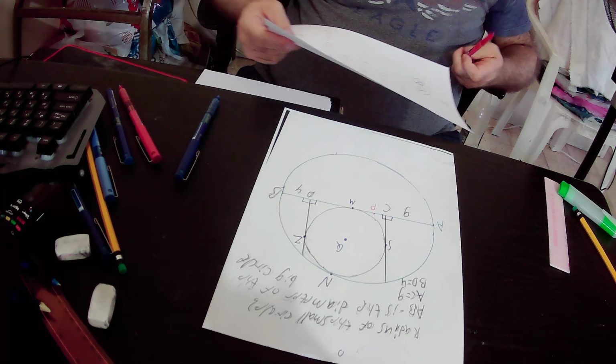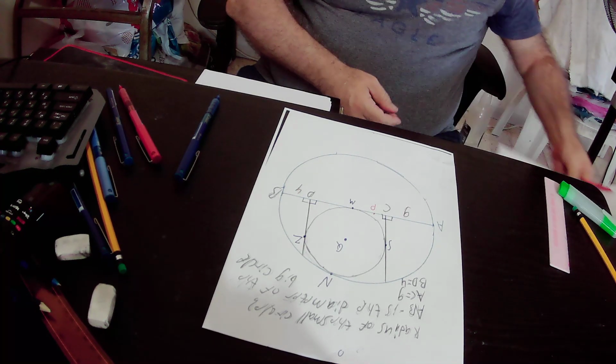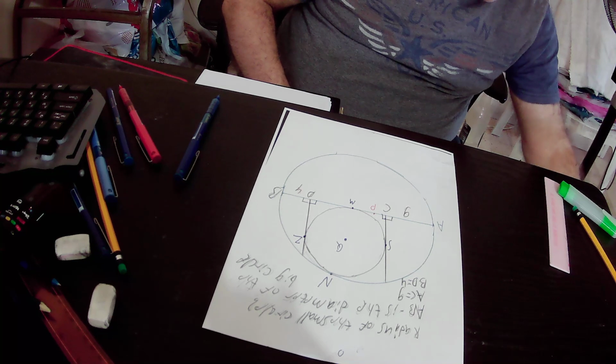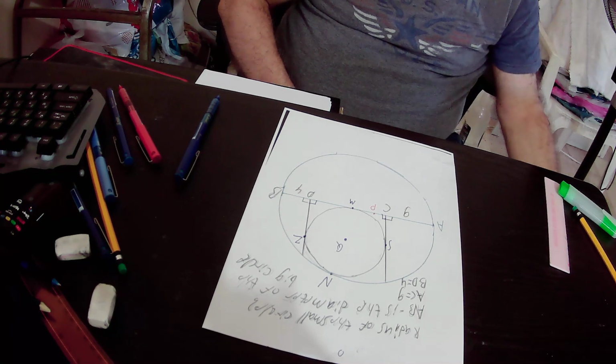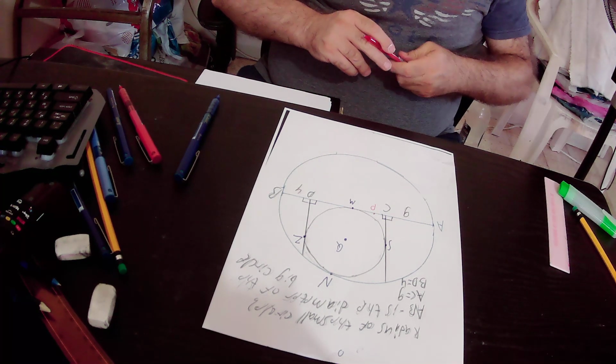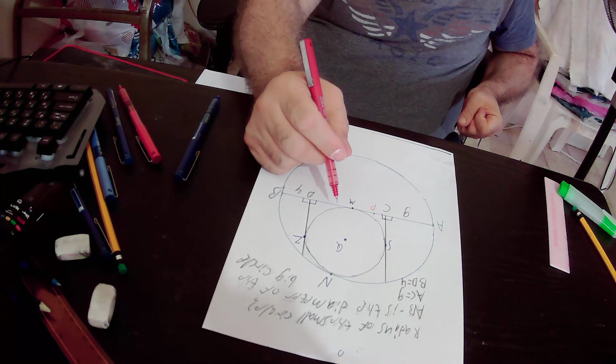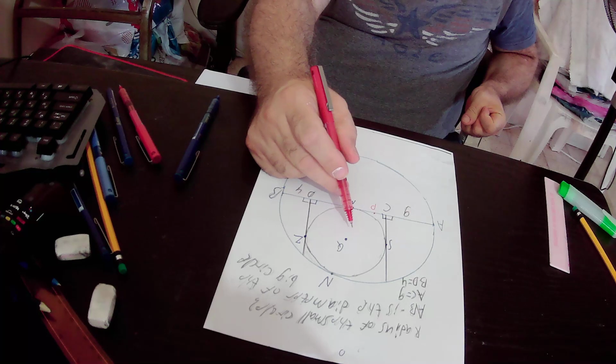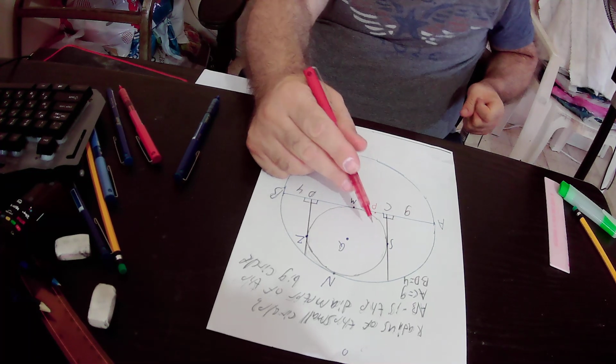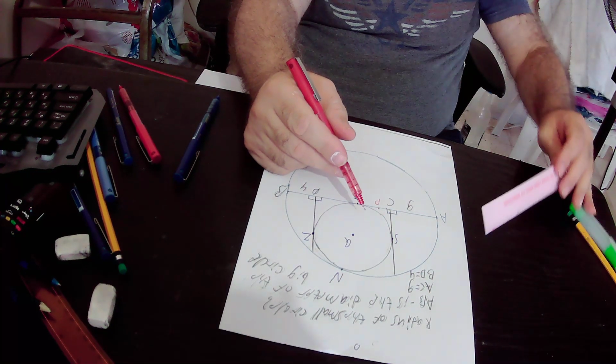In the next step, we will draw 3 radii of the small circle. We will draw the radii to the points of tangency here.